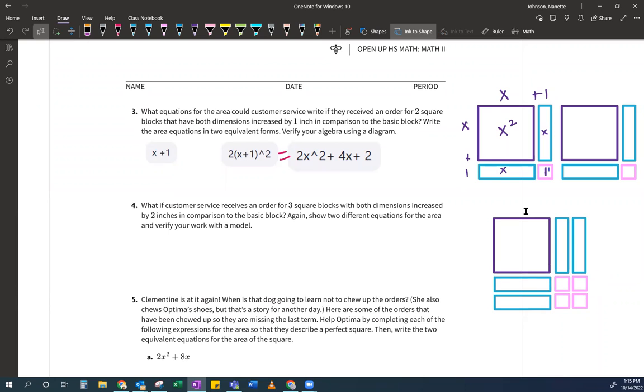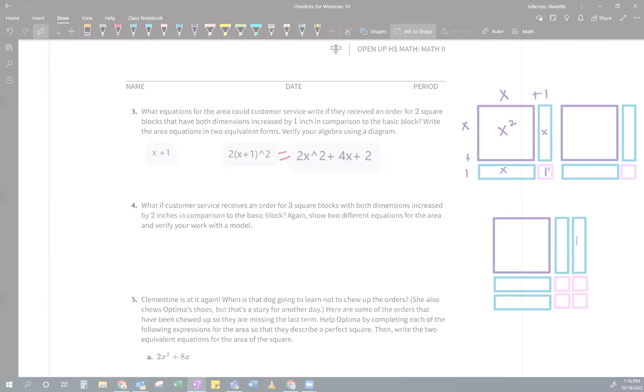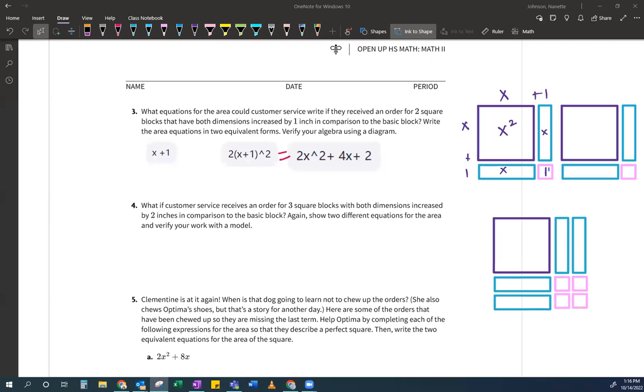Yes, x plus 2, very good. And this is x plus 2, very good. So what's one of the ways that I can write this? Now, someone gave me both ways, and I'm going to show that eventually. But I want you to pretend, what's just one of the ways?